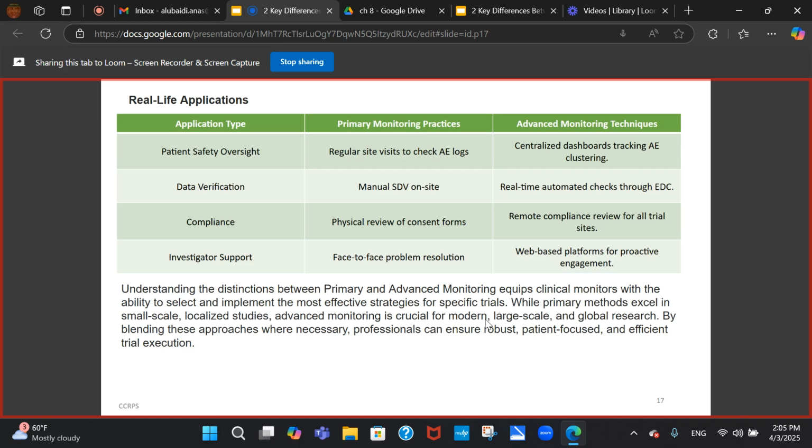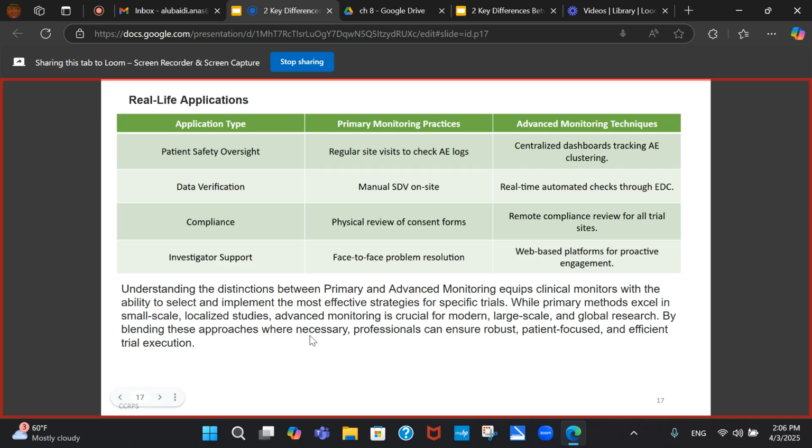By blending these approaches where necessary, professionals can ensure robust, patient-focused, and efficient trial execution. And it is better to ensure the robust, patient-focused outcome and the efficiency by following the hybrid, by blending both the primary and advanced.